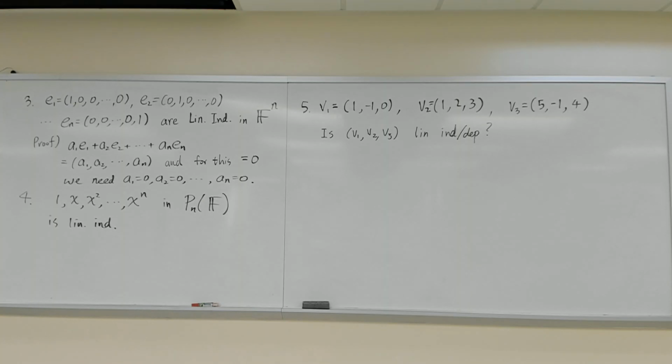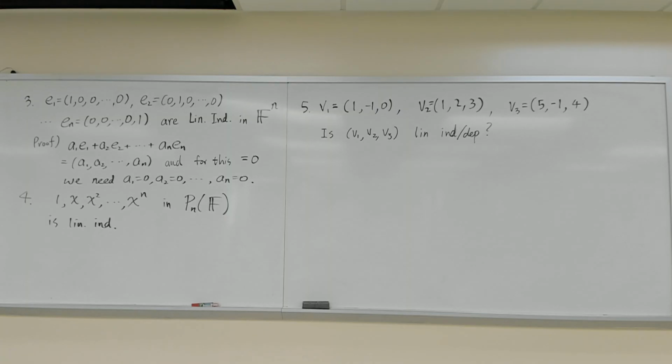Now, if you can somehow show that the only way that's possible is A and B and C all equal to 0, then you've shown that it's linearly independent. But maybe the equations that you get are degenerate and you have some freedom. In that case, you can find A and B and C that are not all zeros, in which case you show that it's linearly dependent.